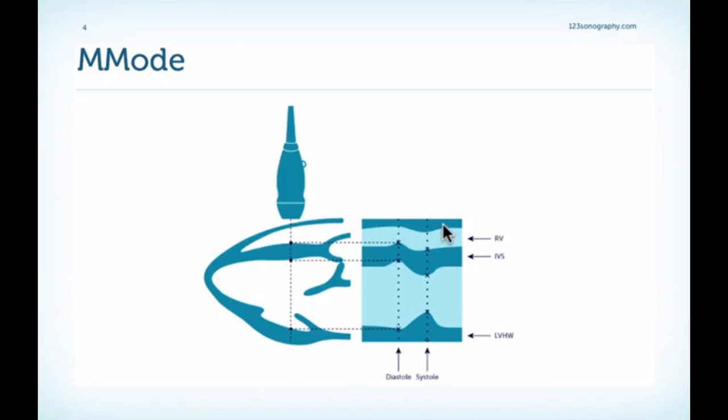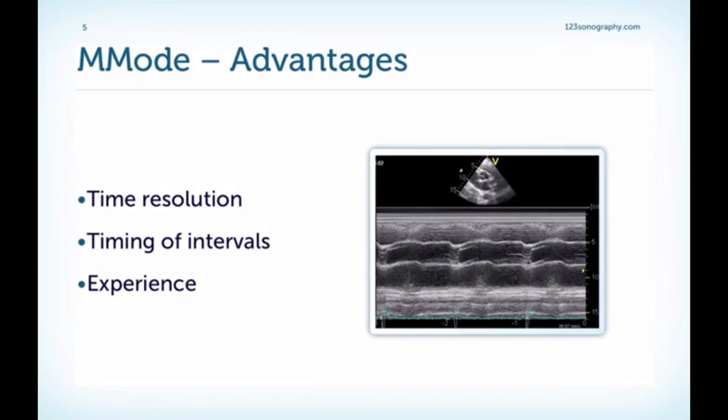We can now delineate exactly which structures we see. Here we have the right ventricle. This darker area is the septum. Here we have the cavity of the left ventricle, and here we have the posterior wall of the left ventricle. And we can see how this structure moves from diastole to systole.